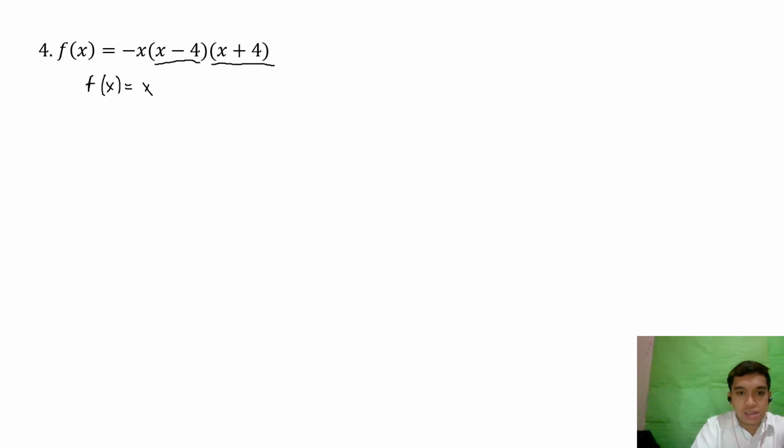So, that is x times x is x squared. Then, x times 4 is 4x. Then, negative 4 times x is negative 4x. Pwede nyo apply dito yung FOIL. Then, negative 4 times positive 4 is negative 16.